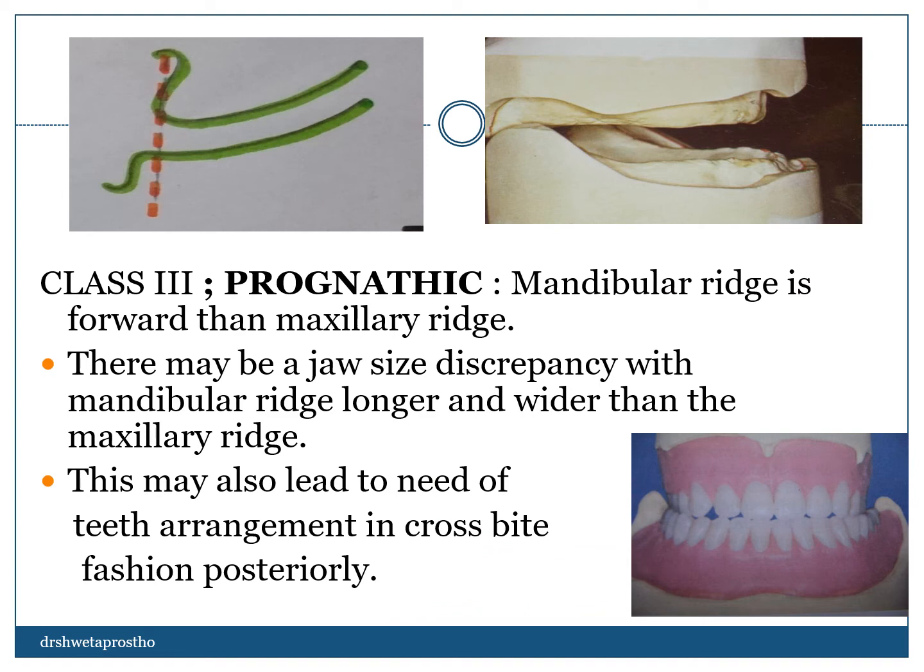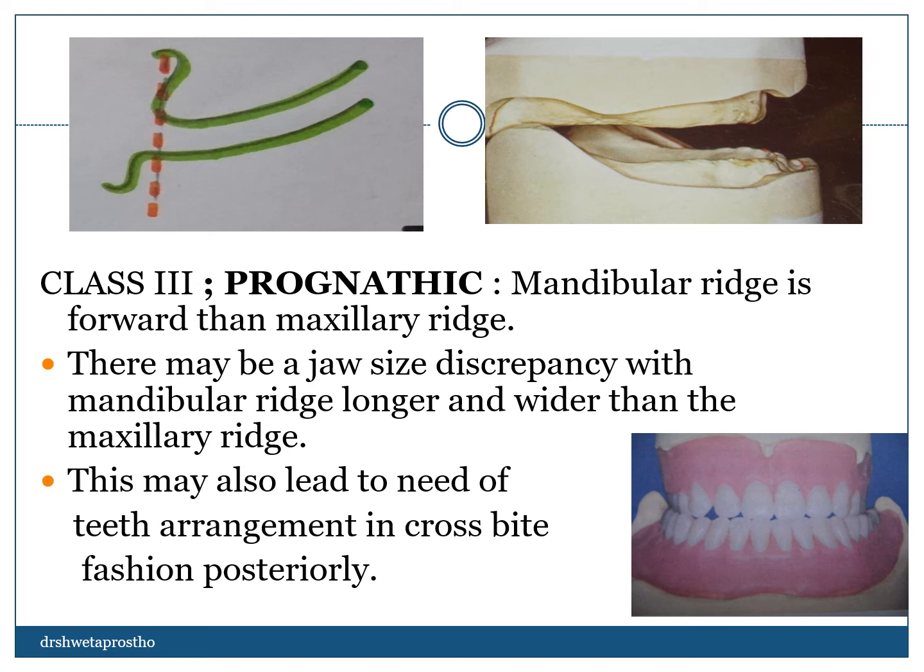Now, here is class 3 prognathic, where the mandibular ridge is forward of the maxillary ridge, as we see in the first image, and the mounting in the second image. This again can be due to jaw size discrepancy, with the mandibular ridge longer and wider than the maxillary ridge.